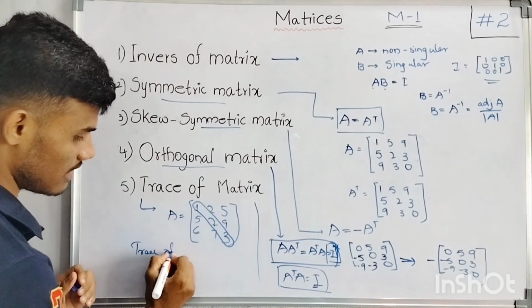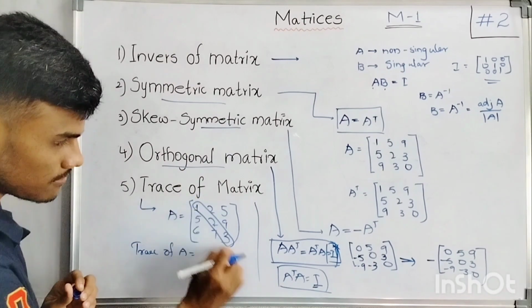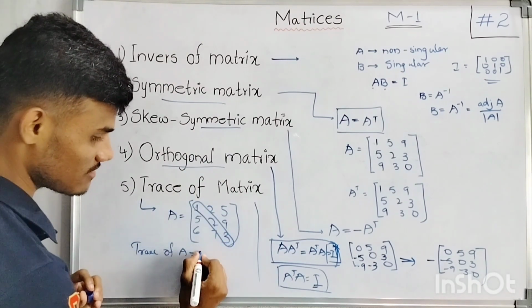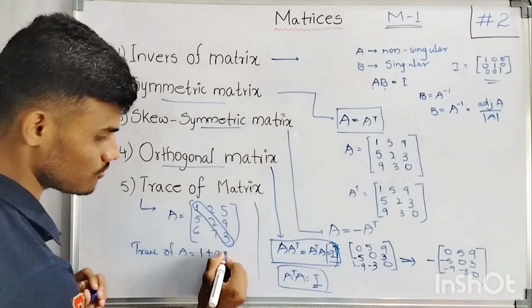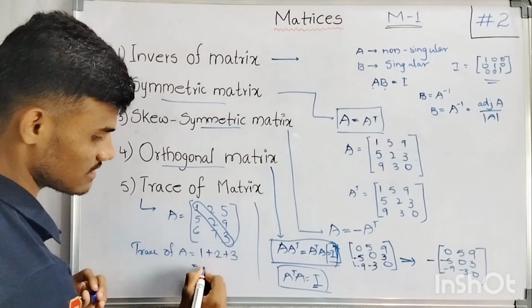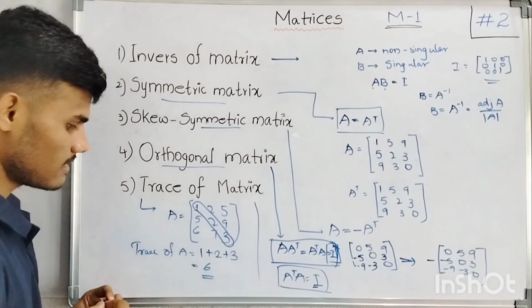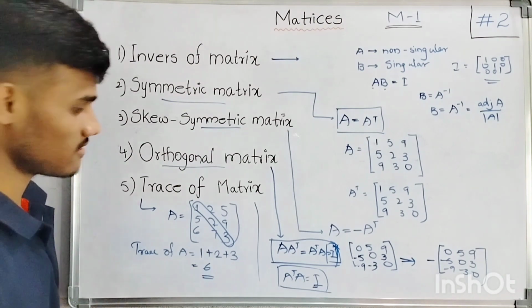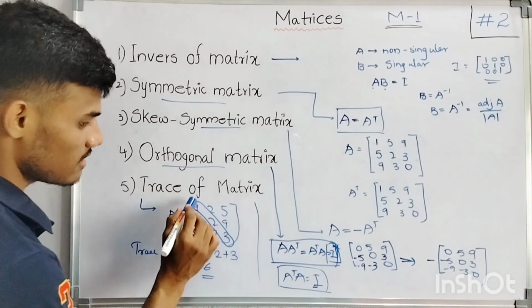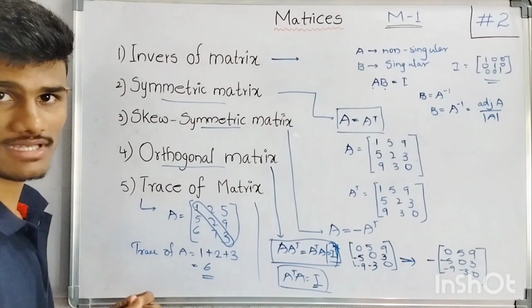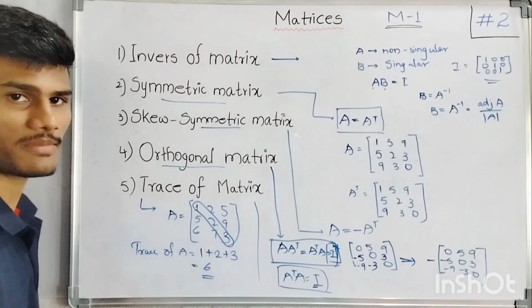Trace of A equals sum of diagonal elements. Diagonal elements are 1 plus 2 plus 3. It's nothing but 6. 6 is the trace of the matrix. We define trace as the value we get by summing the diagonal elements of a matrix.